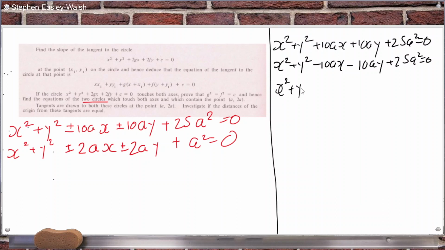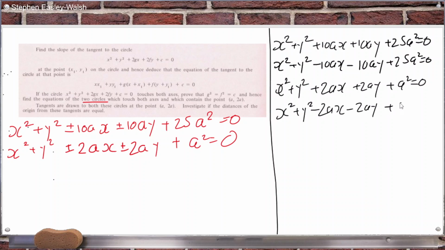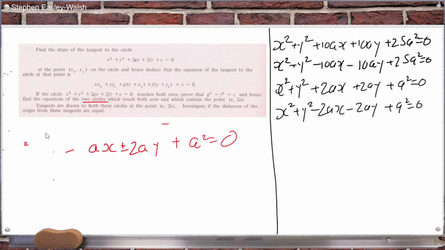X squared plus y squared plus 2ax plus 2ay plus a squared equals 0. And then x squared plus y squared minus 2ax minus 2ay plus a squared equals 0. And then we have now 4 lines.